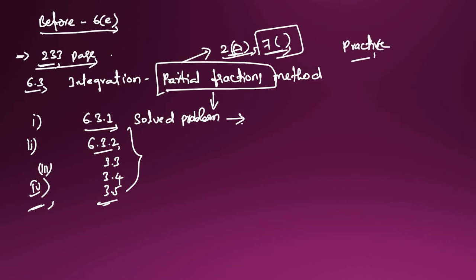Practice, practice, practice. In this 6.3, example 6.3.5 is very, very important. Please practice that one, because in the denominator it is given as x into (x squared plus 4) whole squared. While taking this one, we have to take (dx plus e) in the numerator, something like this will come here. You have to practice that, and then only will you understand.